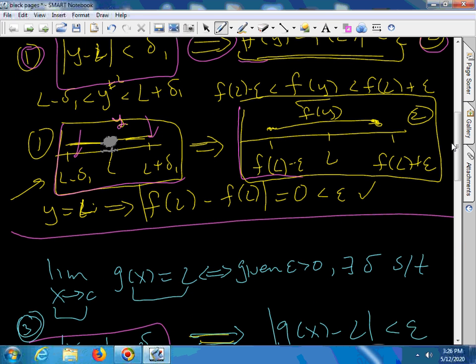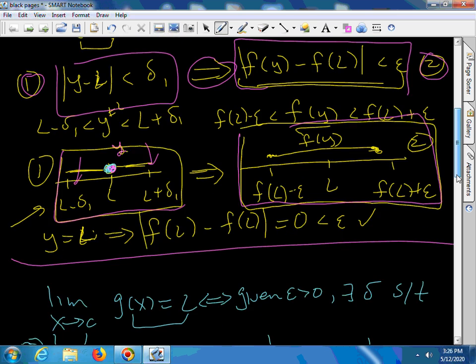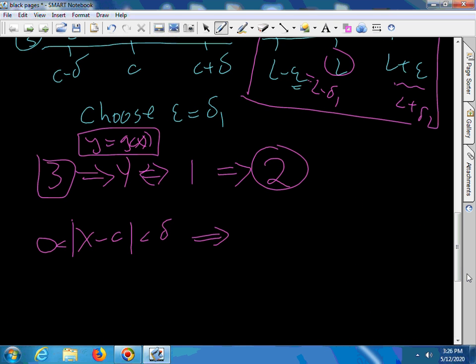It says that the absolute value of f of y minus f of L is less than epsilon. And this delta exists. So, given any epsilon, the delta exists.